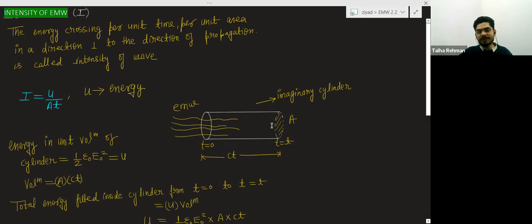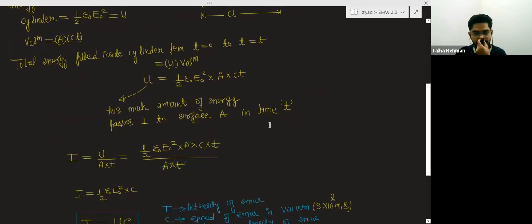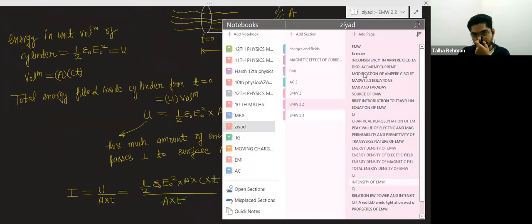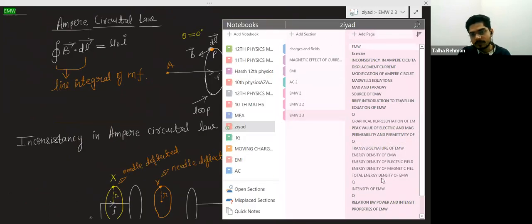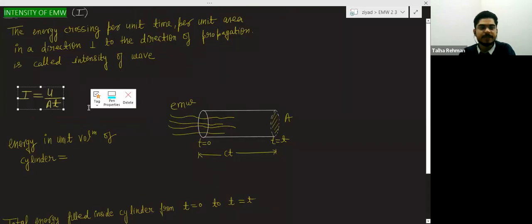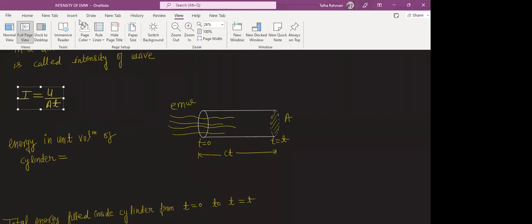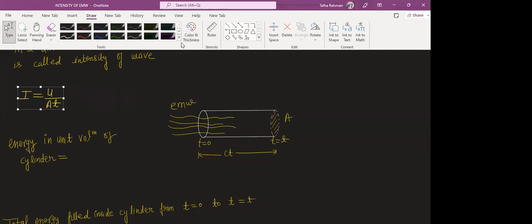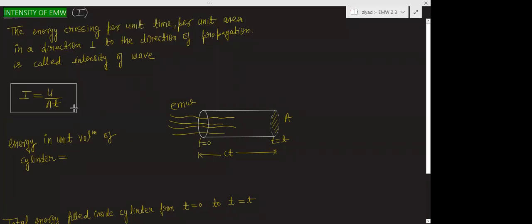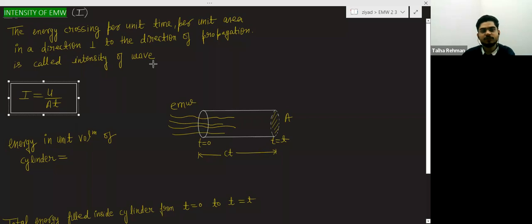So we will derive this whole expression. So basically, this is the definition of intensity. The energy crossing per unit area per unit time perpendicularly is the intensity.